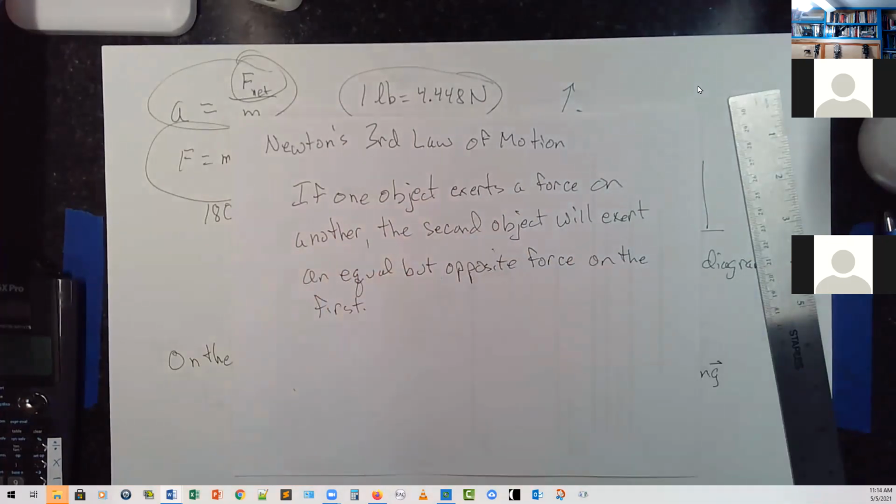It's long. And to this, you might add, forces are interactions between objects, and they always occur in pairs.